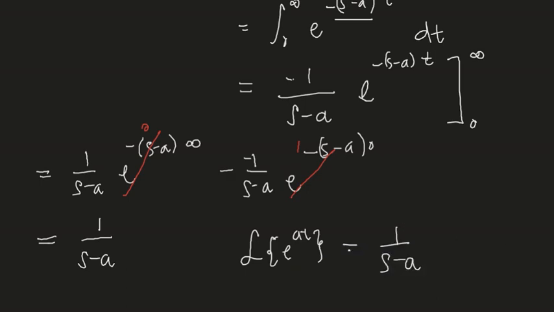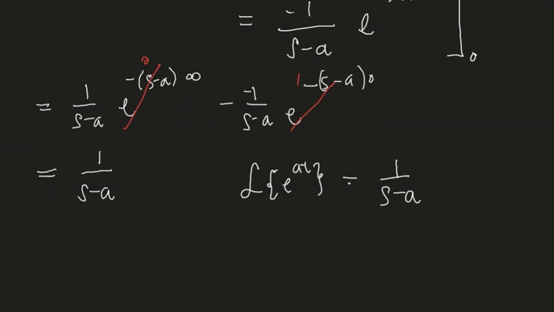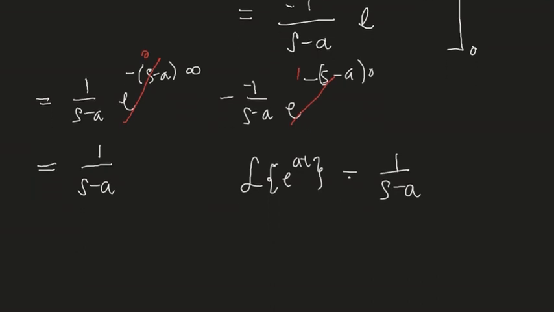Okay, so what does this mean? This means that if ever you are asked to find the Laplace transform of an exponential function, e raised to 3t, for example, we know that its Laplace transform will be equal to 1 all over s minus 3.